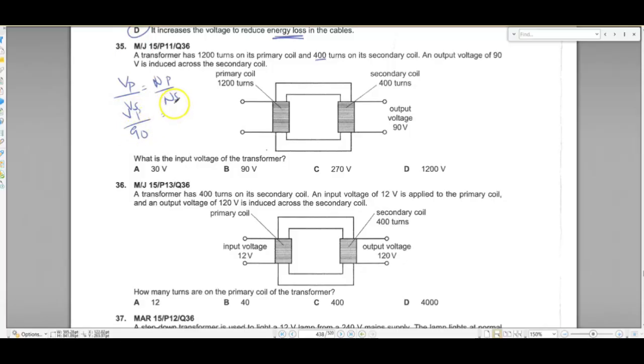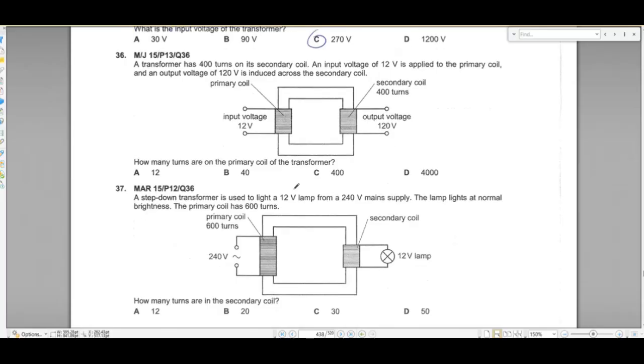Np is 1200 and Ns is 400. So Vp is going to be equal to, let me calculate, 270 volts. So C is the correct option for this. Okay, question number 36.